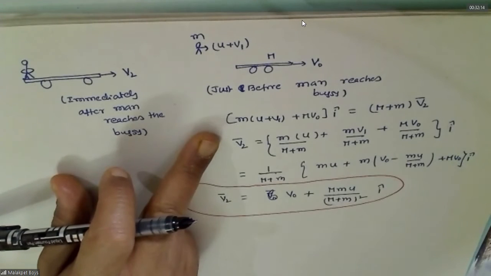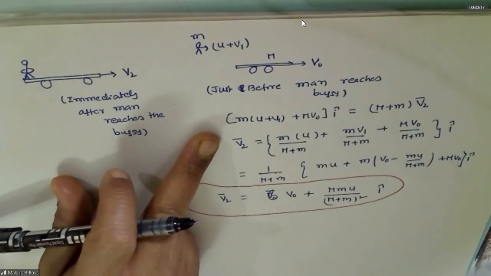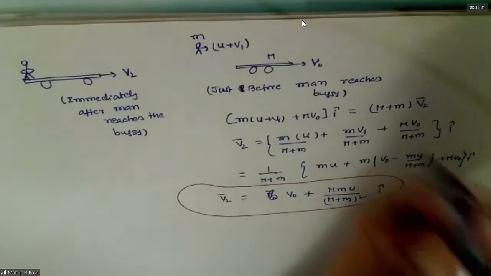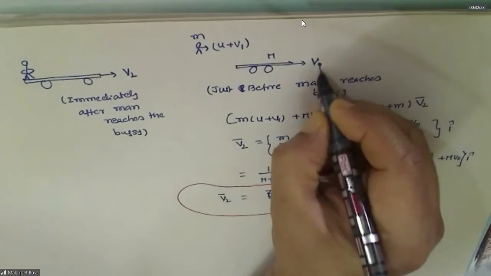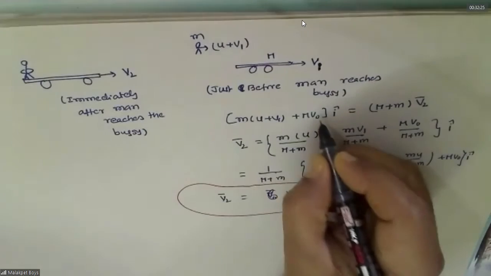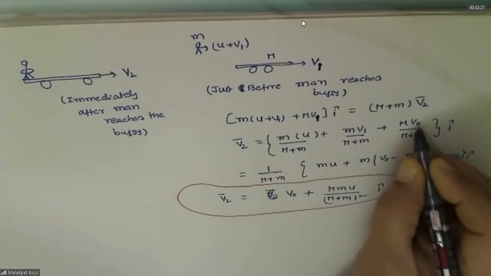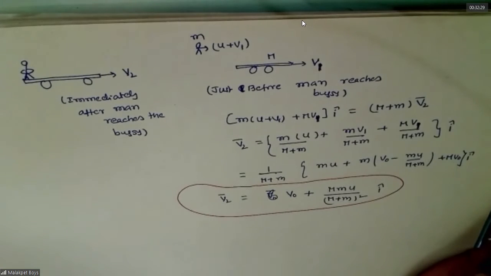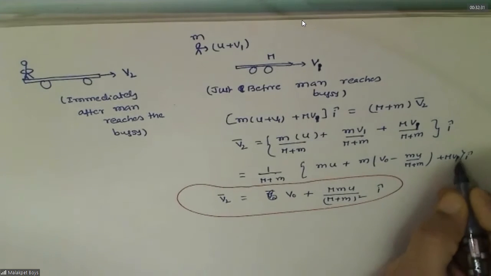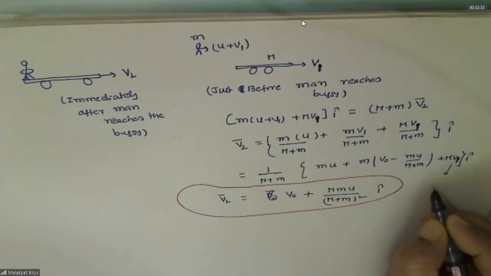Because the man has moved in the air, so that should not be V naught, it should be V1, right? When he is in the air, you have taken V1 now. Yes, sir, because the man is not present there. So here also you should write this then.